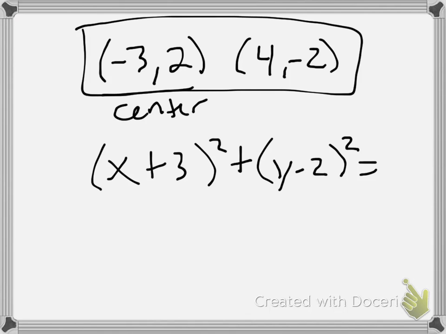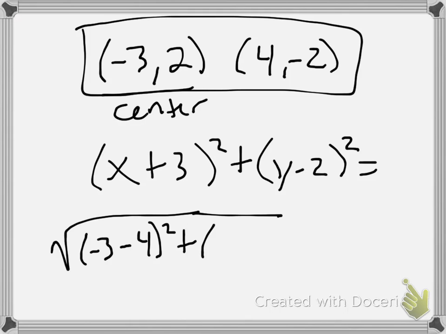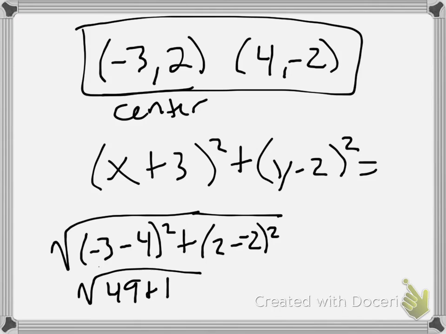So remember your distance formula: you subtract your x's, so -3 minus 4 squared, plus you subtract your y's, so 2 minus -2 squared. Negative 3 minus 4 is negative 7. Negative 7 squared is 49. And 2 minus negative 2 is 4. 4 squared is 16.